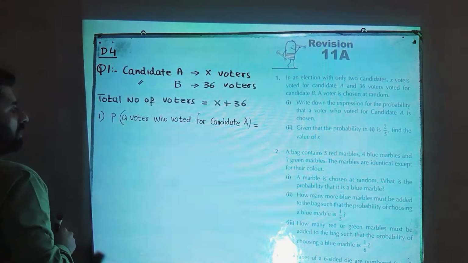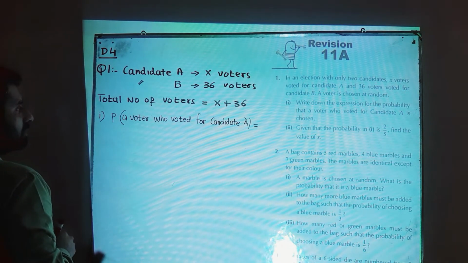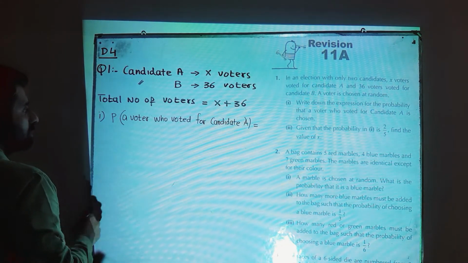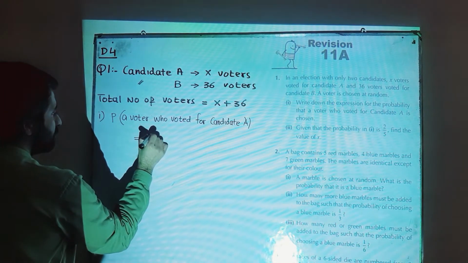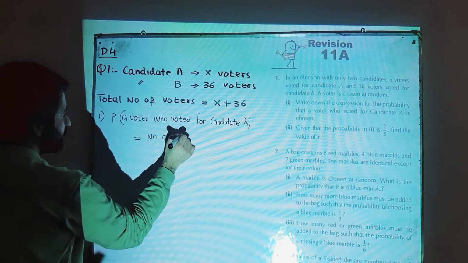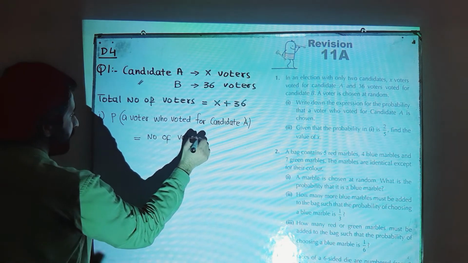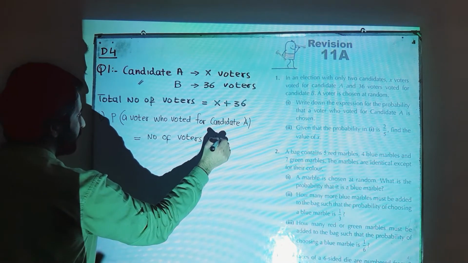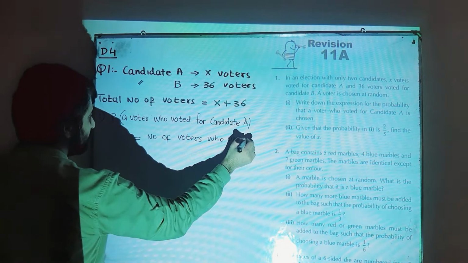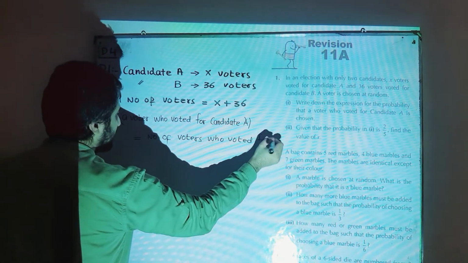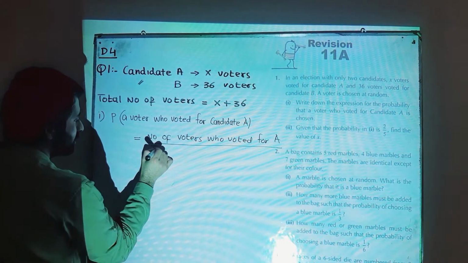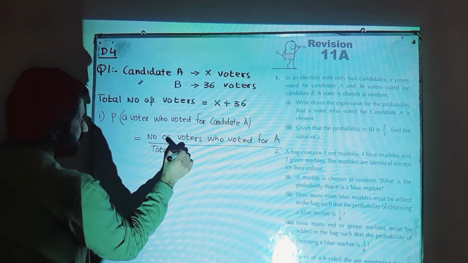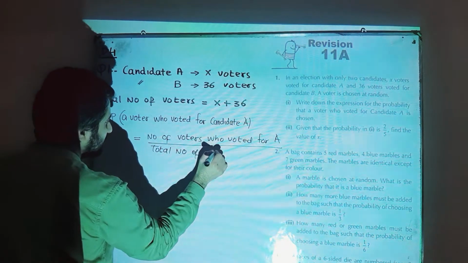Well, that is equal to the number of voters who voted for A, those voters who voted for candidate A, divided by the total number of voters.